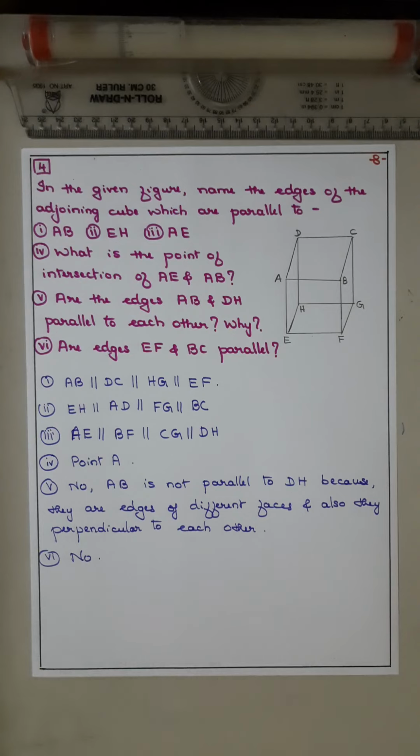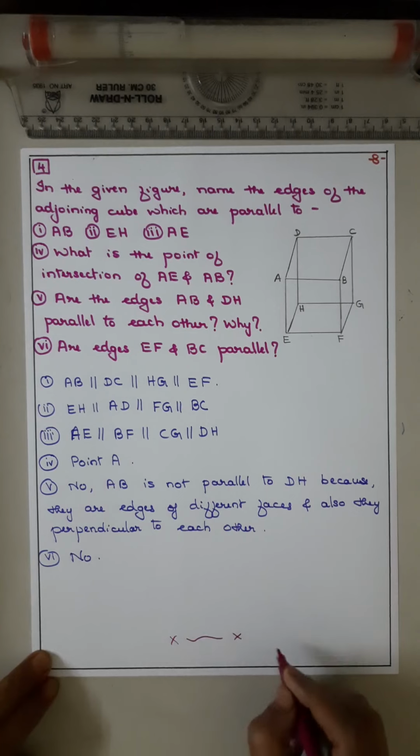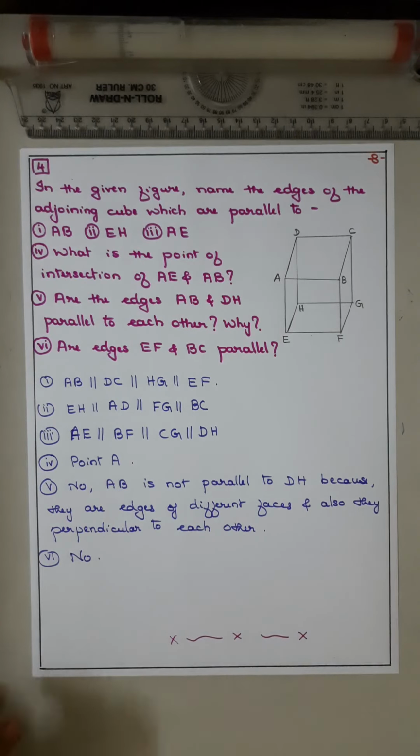Hope everyone understood. We have completed the lesson on parallel lines. Hope everyone understood all the sums. Please understand the questions properly and think about all the types of angles, which are the parallel lines, which are the intersecting lines, vertically opposite, all types of angles.